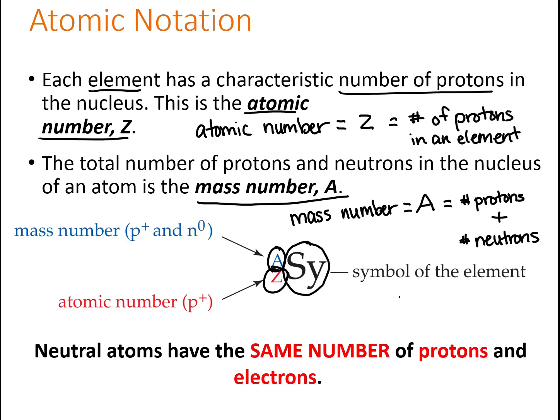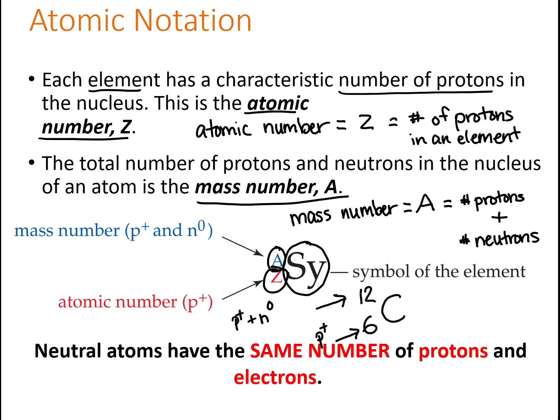So if we were to talk about carbon, the symbol for carbon is a C. Up top, you would see a 12. And at the bottom, you would see a 6. This 12 is protons plus neutrons. The 6 is just the number of protons.